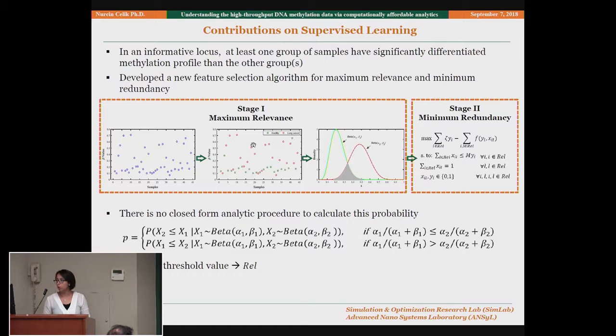In the contributions as part of the supervised learning, we are targeting more on the maximum relevance and minimum redundancy so that these clusters that we came up with are actually meaningful clusters. For this, we have developed a brand new feature selection algorithm incorporating some of the traditional aspects and also some novel aspects as well.